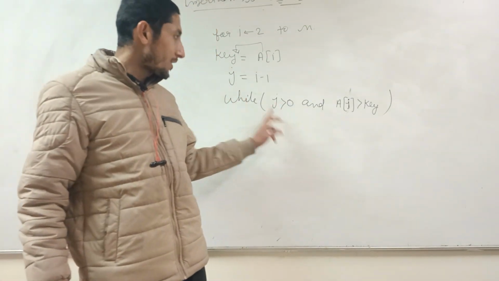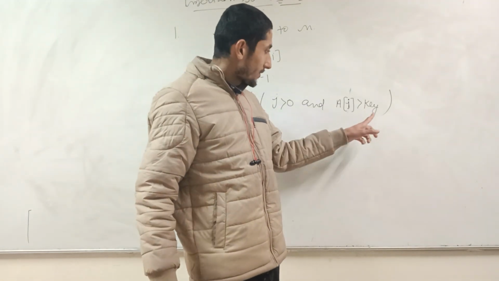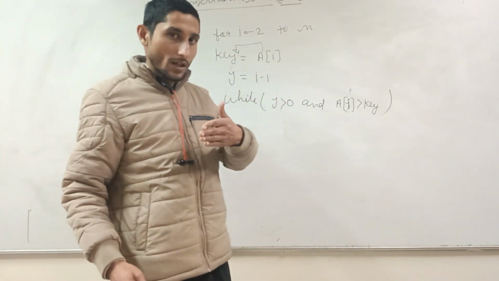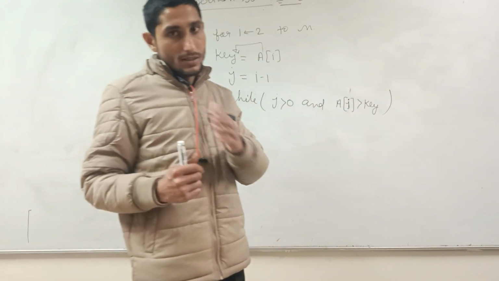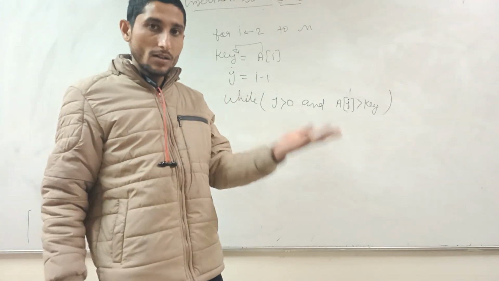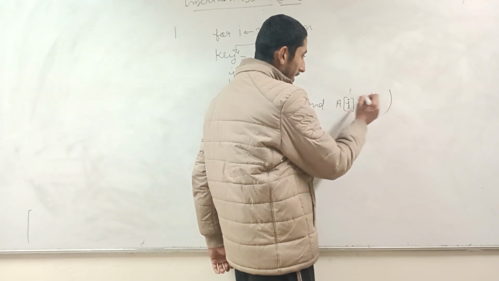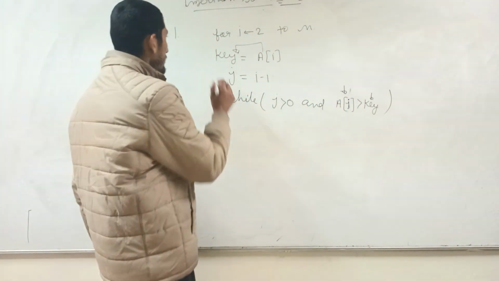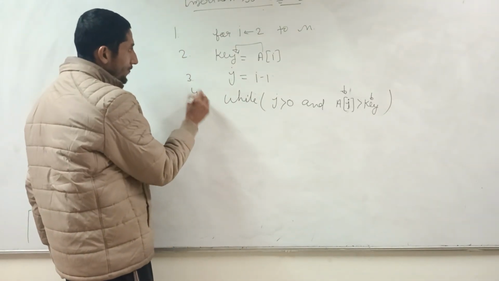And A of j greater than key. It means key is the rightmost element and A of j will vary from 4, 3, 2, 1. So the rightmost element is smaller and the leftmost element is greater. We will see it in the programming also. That is statement number 2, statement number 3, and that is statement number 4.